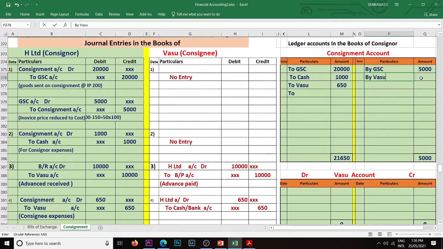Look at your notebook. If you note down and follow, then only you will understand these practical problems. If you are treating it as a video lecture, then you can understand. Simultaneously you have to follow me, then only you can understand. 16,400, and Vasu account debit to consignment.